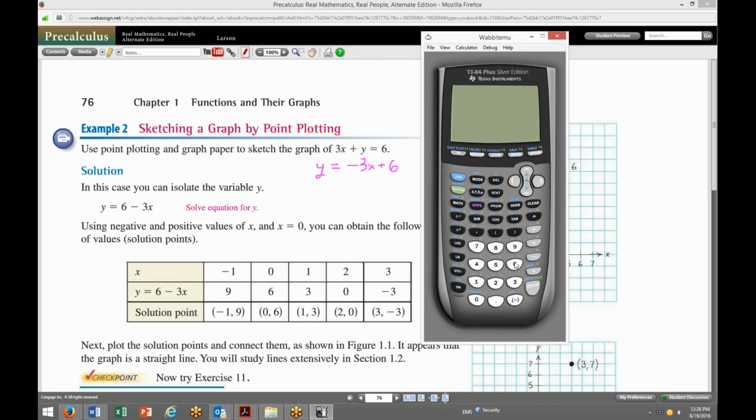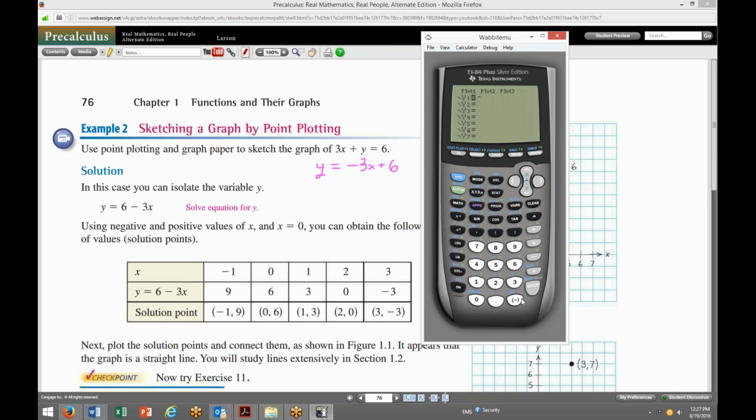So let's do this. First turn the thing on, go to y equals, and input negative 3x plus 6. I trust you'll recall that when the very first character in a string you're entering into the TI-84 is a minus sign, you cannot just use the regular subtraction key. You have to use the minus sign with the parentheses around it on this lower right white key.